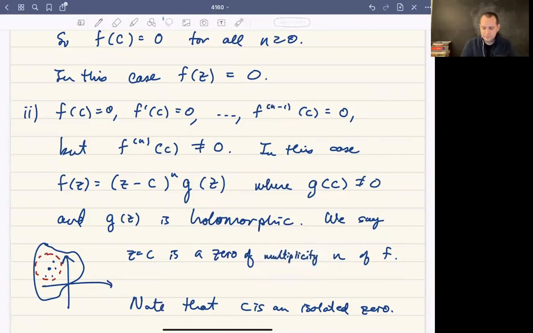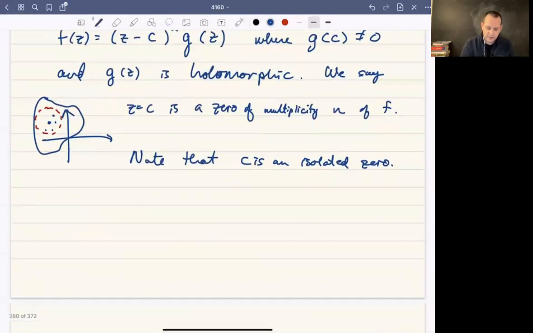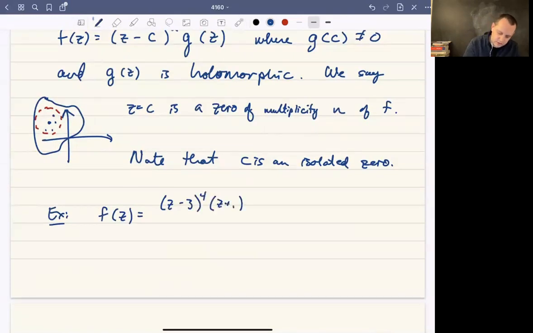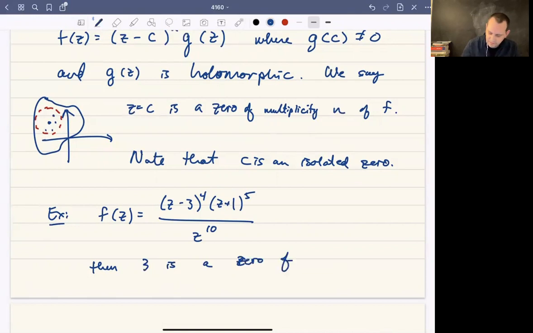Okay, and so not really anything too enlightening here. But if I were to take a function, let's just take something like (z minus 3) to the 4th, (z plus 1) to the 5th, all over z to the 10th, then 3 is a 0 of f of multiplicity 4.